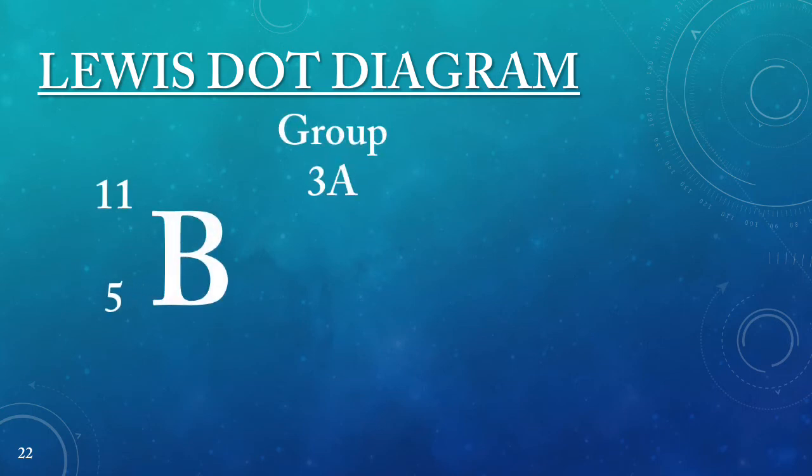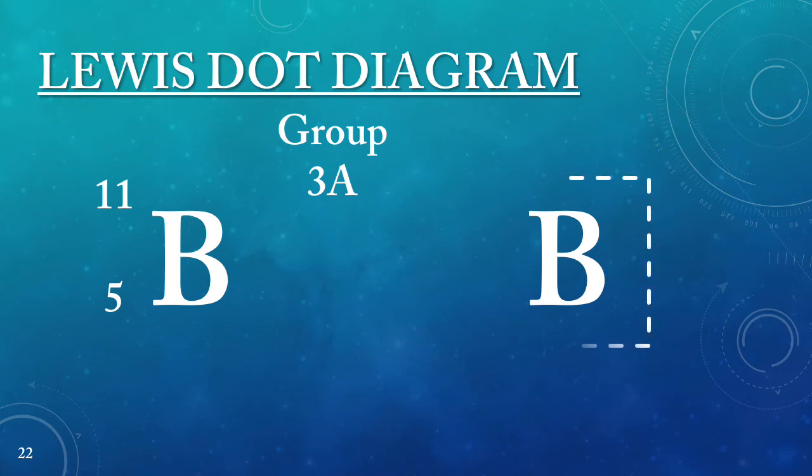So let's bring back boron. We know that it's in group 3A. So here's how we do this. We write our element in the middle, B for boron. We're going to draw a box around it, and then we're going to put dots on this box. Now we can't just put them in any place. So we're going to call each side of the box by a clock: 12 o'clock, 3 o'clock, 6 o'clock, 9 o'clock, just like a clock.